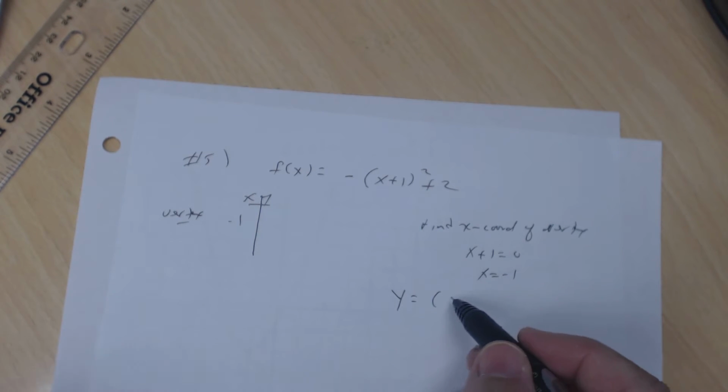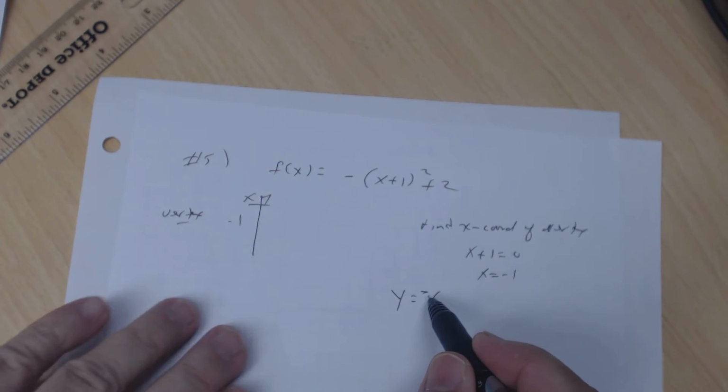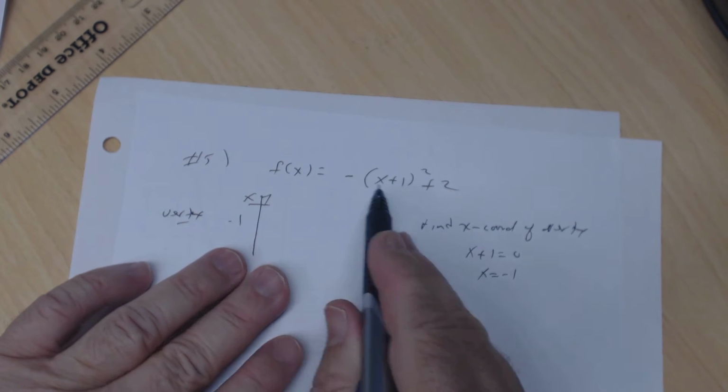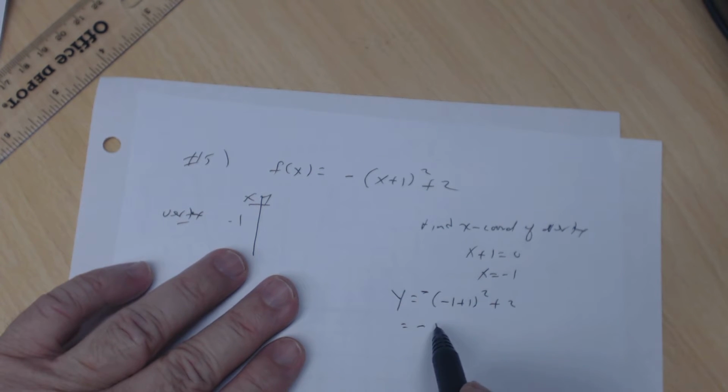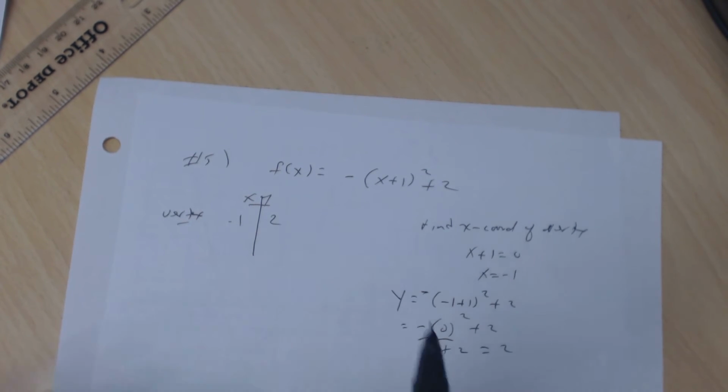Y equals, don't forget that negative out here, negative (negative 1 plus 1) squared plus 2. Negative 1 plus 1 is 0. 0 squared is 0, negative 0 is still 0, plus 2 is 2. So my vertex is negative 1, 2.